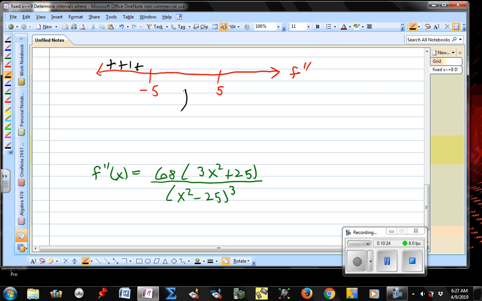Now let's pick a number in the middle region, say 0. We'll get a positive in the numerator and a negative in the denominator. So f prime prime is negative in the middle region from negative 5 to 5. And finally, we'll pick a positive number like 6 for this region. That gives us a positive over positive.